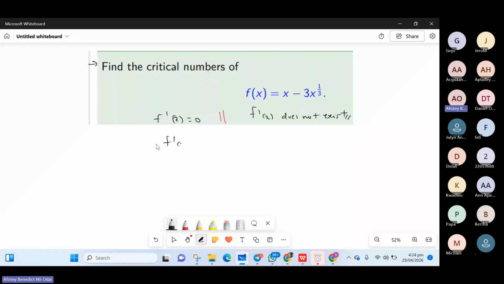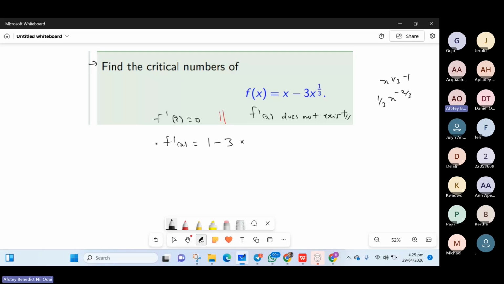Let's find our differential. This is why it's important for your differentiation to be okay, because if it's not, you might know how to find a critical number, but in the first step you'll get it wrong. So we have 1 minus, again this is a constant, so we can factor out our constant, differentiate this and add it to our constant. So what's the differential of x to the power 1 on 3? We bring our 1 on 3 in front and subtract 1 from the power, so we get negative 2 on 3.